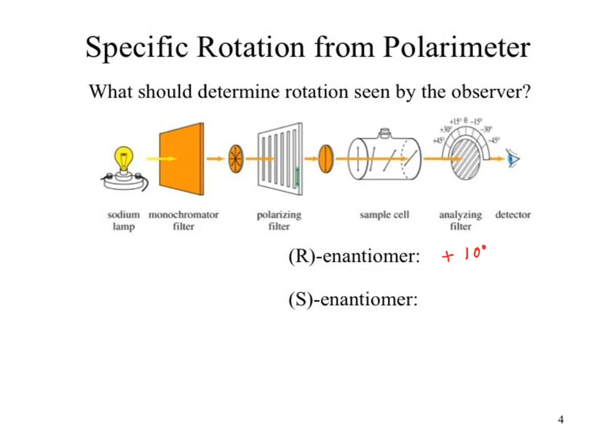If I now take the exact same amount of the S enantiomer in the exact same conditions as I had the R enantiomer, what's the rotation going to be? It's going to be a negative 10 degrees. Okay? So they will necessarily be opposites of each other. But it doesn't mean that because it's positive, it's R.